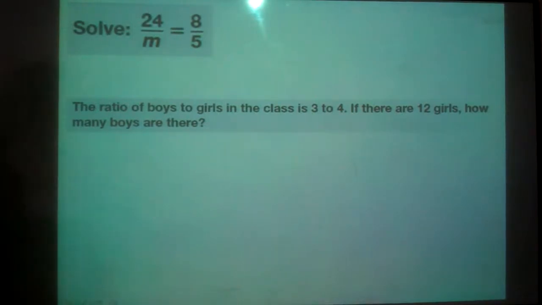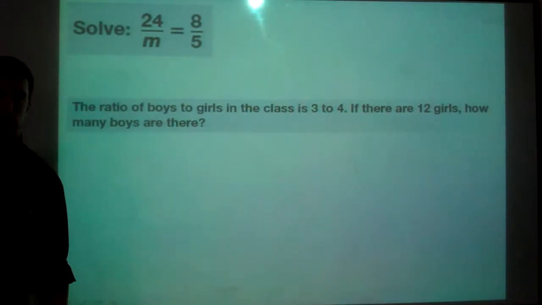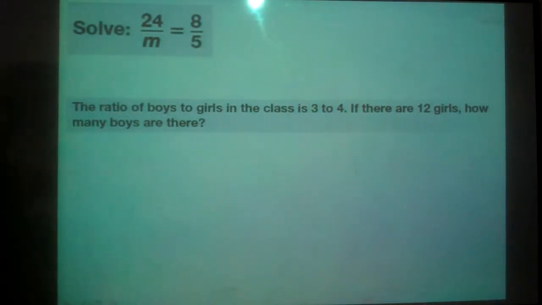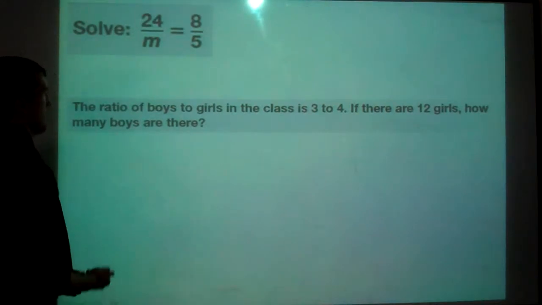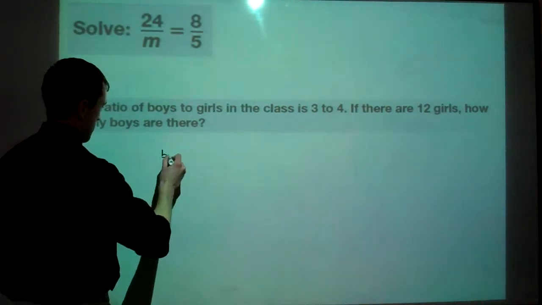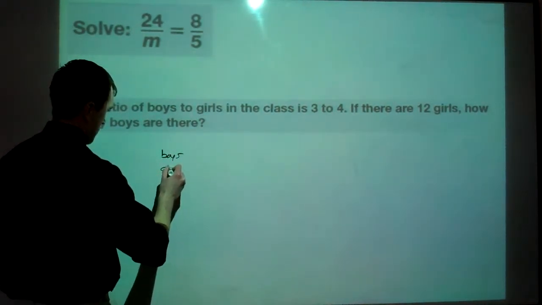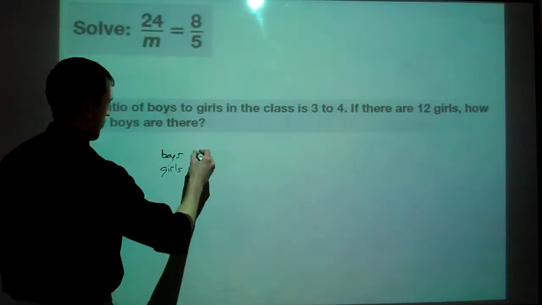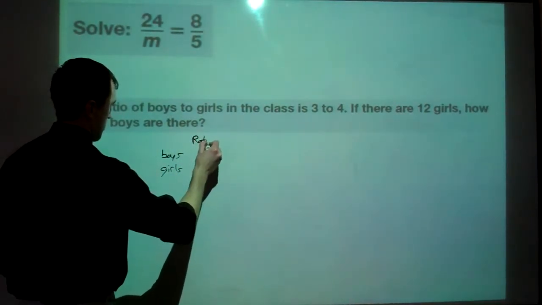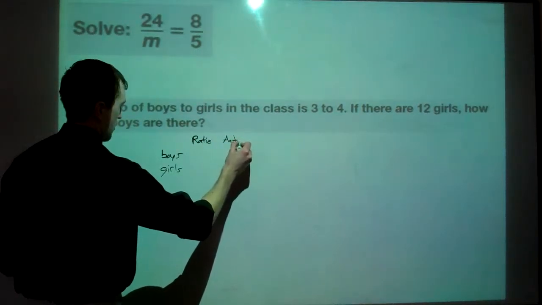Real quick with this one. The ratio of boys to girls is 3 to 4. If there are 12 girls, how many boys are there? We use those ratio tables that we would set up, and we covered that too. So if we did this one real quick, boys, girls, 3 to 4, so we have a ratio.